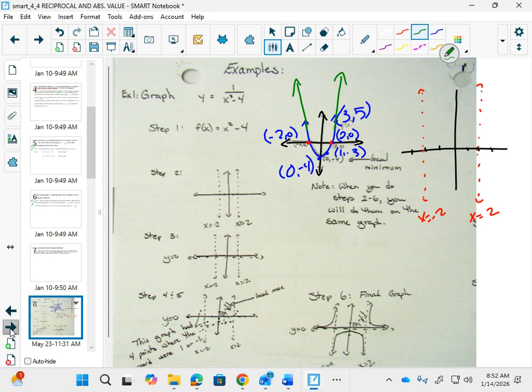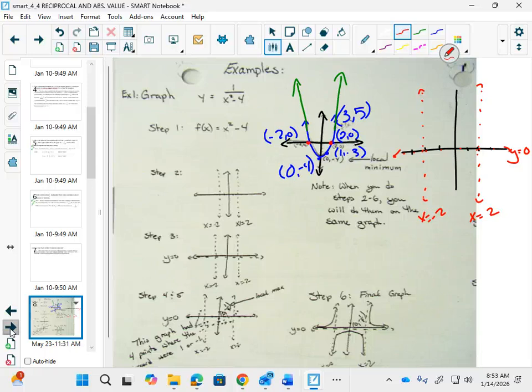If your arrowheads either go towards positive infinity for y values or negative infinity for y values, you will draw a horizontal asymptote at y equals 0. So I call this, if drawing your original graph is step 1, I actually combine step 2 and 3, and asymptotes is your second thing you need to do, both vertical and horizontal.